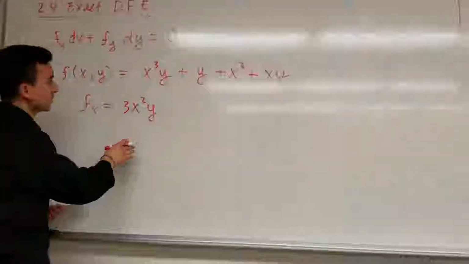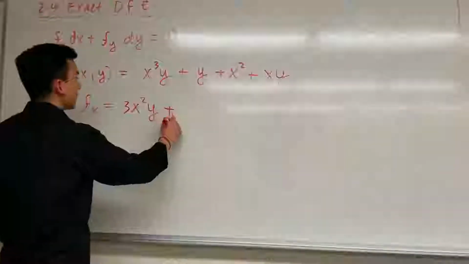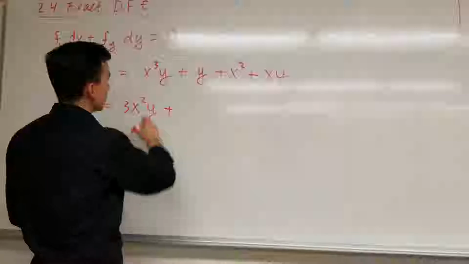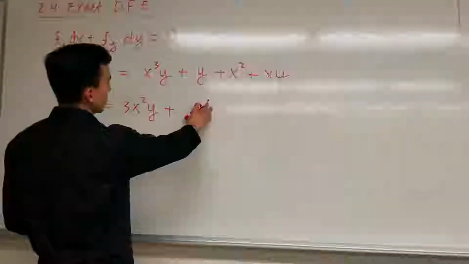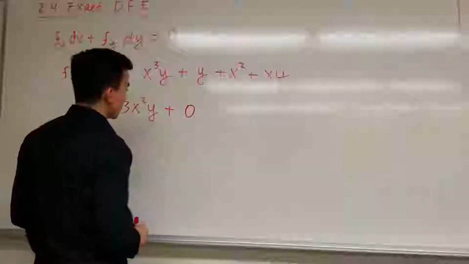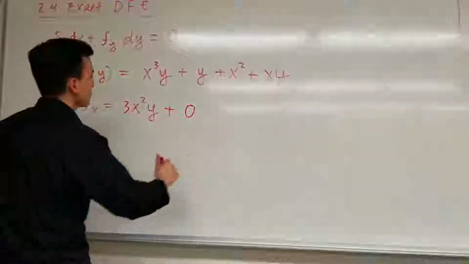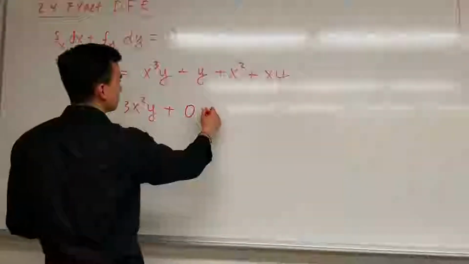Like I said, the y is the constant, so it stays the same. However, this y is by itself, it's not being multiplied, so that's going to be a 0, just like taking the derivative of any constant. I'm just going to leave the 0 there so you know where that came from.